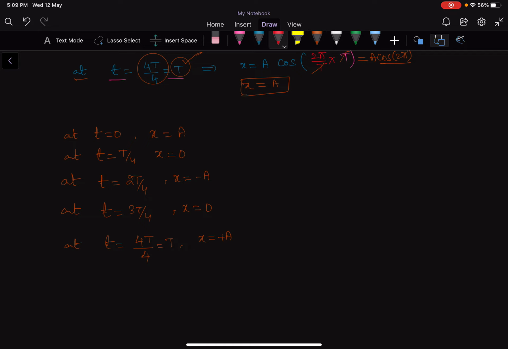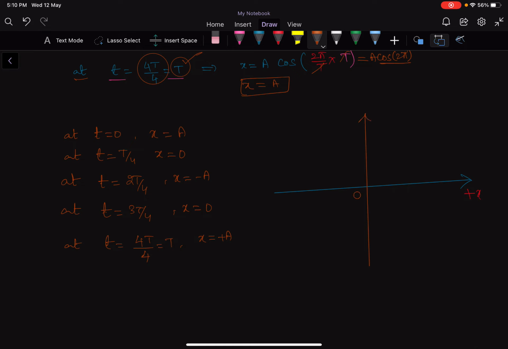So I am drawing a graph here. Positive x-axis, and here I am drawing the y-axis.